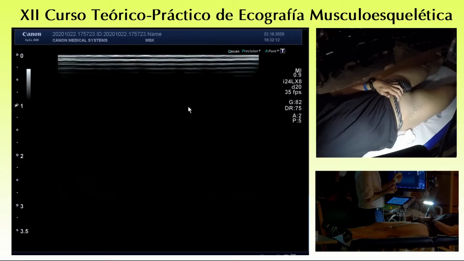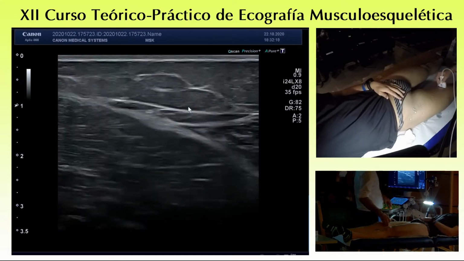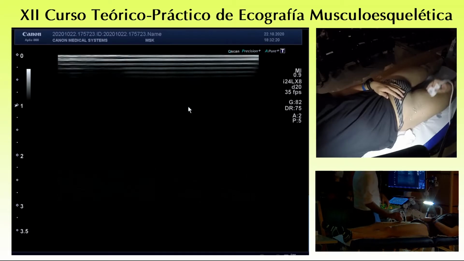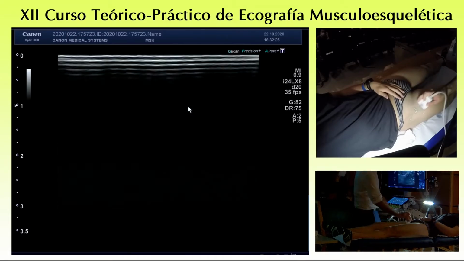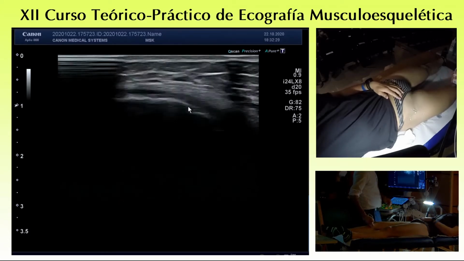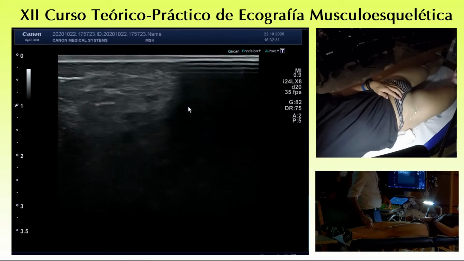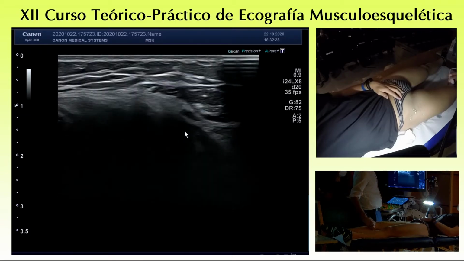Just regarding the saphenous nerve, I want to show something more to complete that. A possible site of entrapment of the saphenous nerve is at the level of the pes anserinus. It is very rare, but basically the saphenous nerve becomes superficial in between the sartorius and the gracilis.